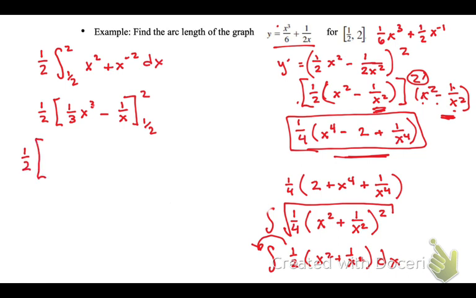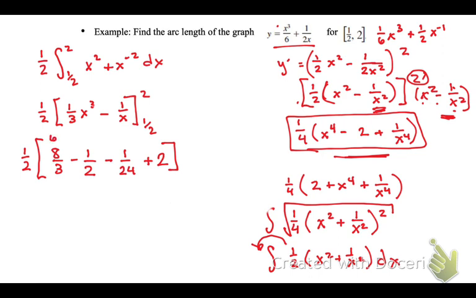Plug in the 2, I'd have 8/3 minus 1/2, minus, well, that'd be 1/8 times 3, so 1/24, plus, because you're subtracting, and 1 over 1/2 would be just 2. So now I get lovely common denominators.